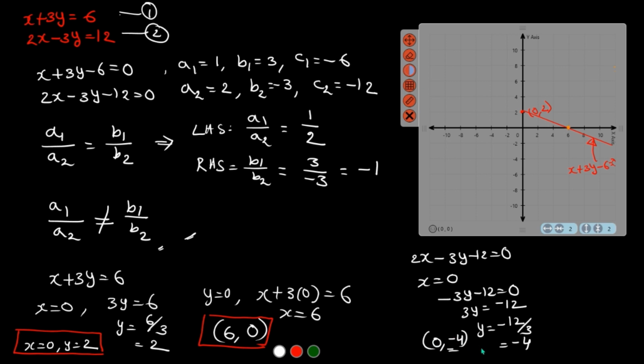Okay, so let's take when y is equal to 0. If we substitute y into this equation, we will get 2x minus 12 is equal to 0. So 2x is equal to 12 and x is equal to 12 by 2, which is 6. So we have another point here, x is 6 and y is 0.